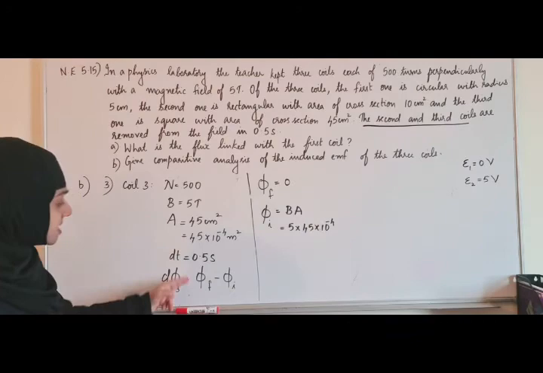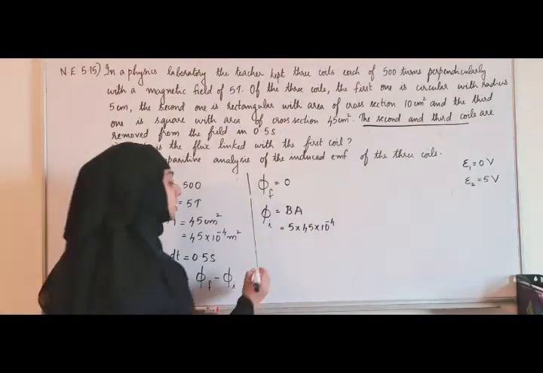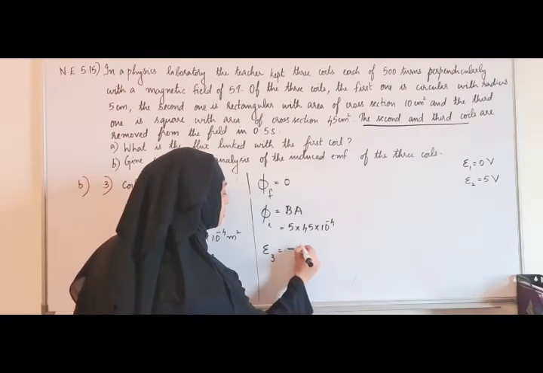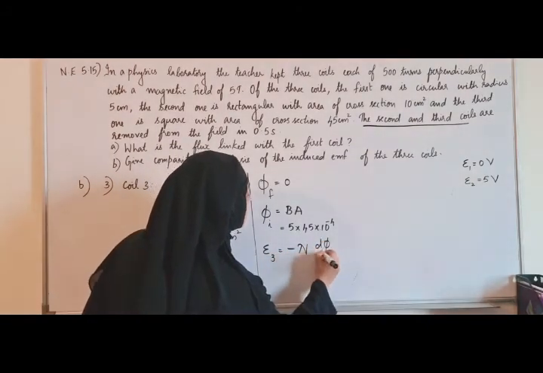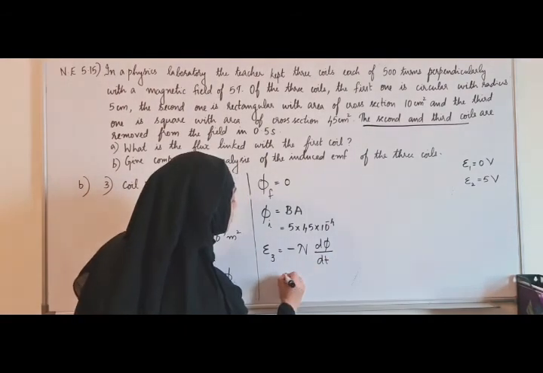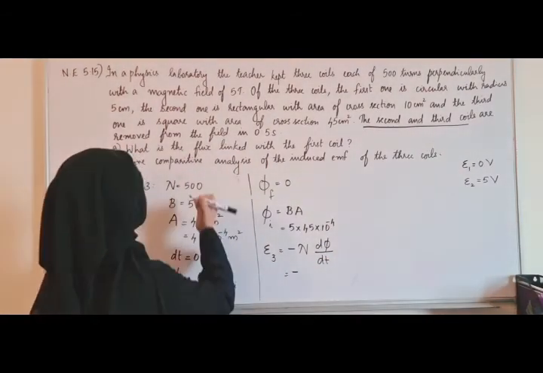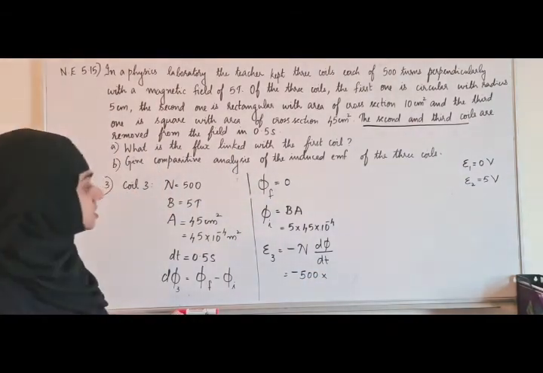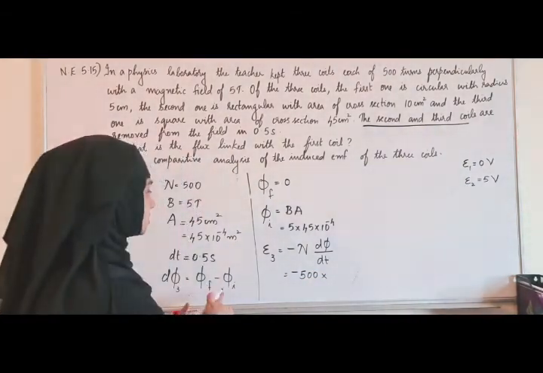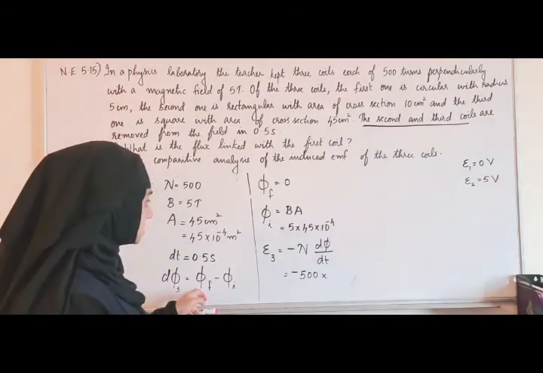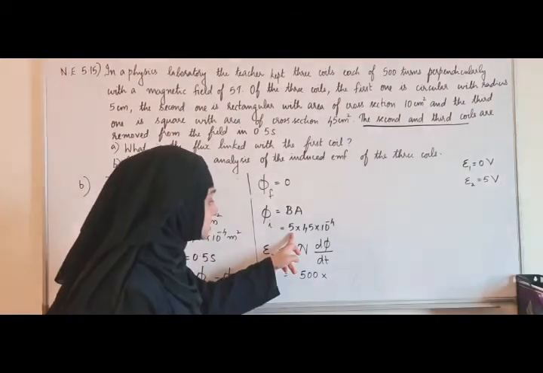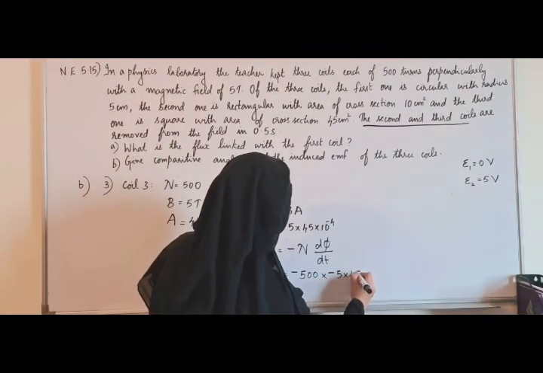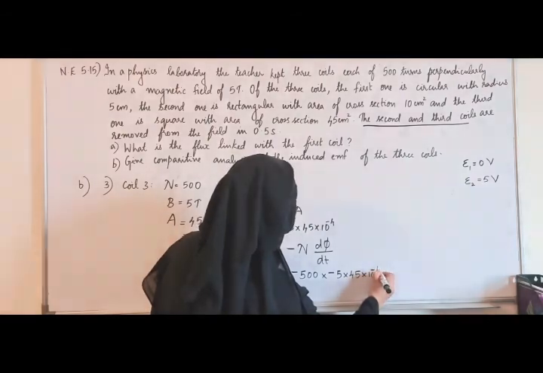So again substituting these values in the equation, we will get the EMF produced in the third coil is equal to minus N d phi by dt, which is equal to minus 500 times d phi is equal to final flux minus initial flux. Final flux is 0. 0 minus this quantity, so it will be minus 5 times 45 times 10 raised to minus 4.